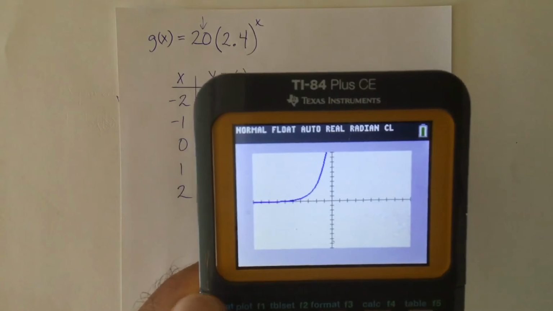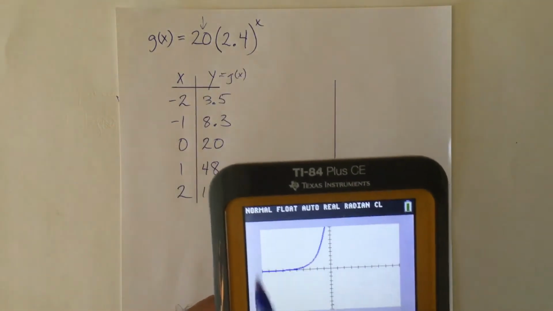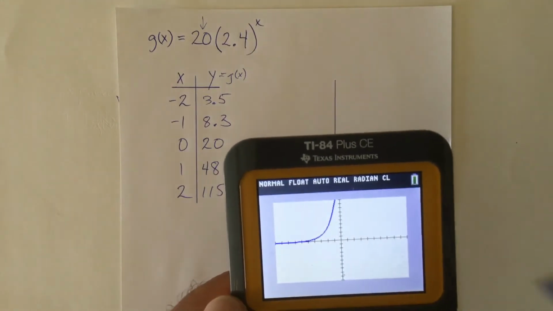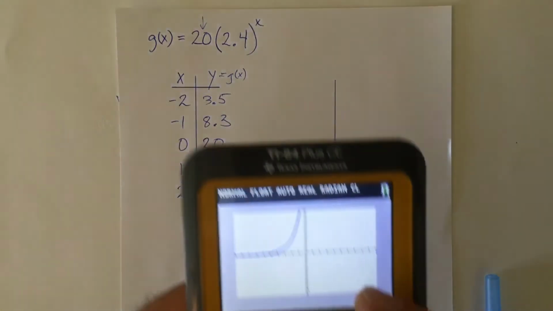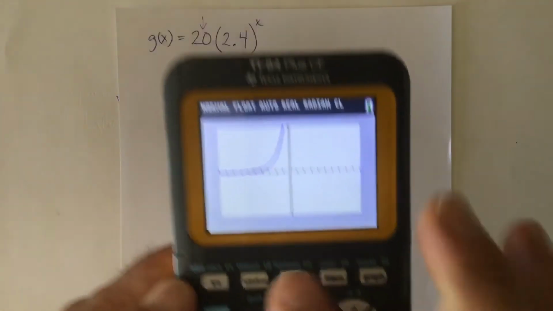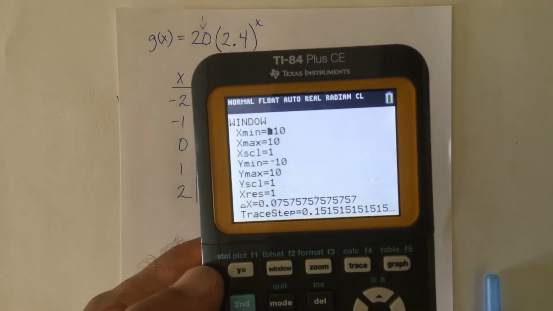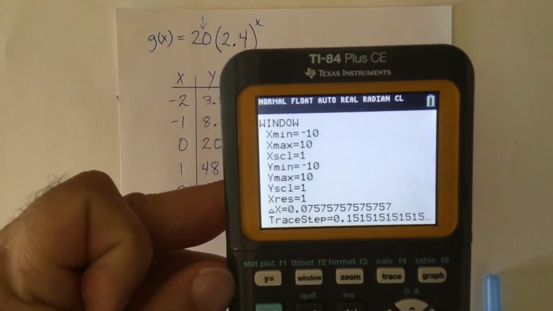But how do I see that? Well, remember, I'm looking at just this picture, which is a tiny little rectangle. The graphing calculator refers to this thing as a window. So if I hit window, look, I want to show you something. There are 10 dashes on the negative side of the x-axis.